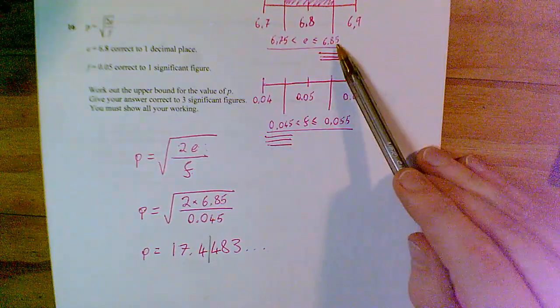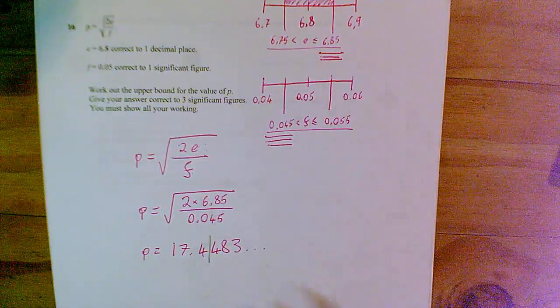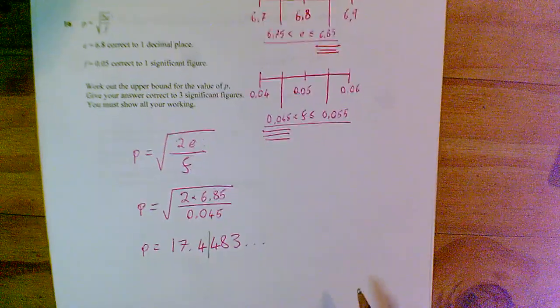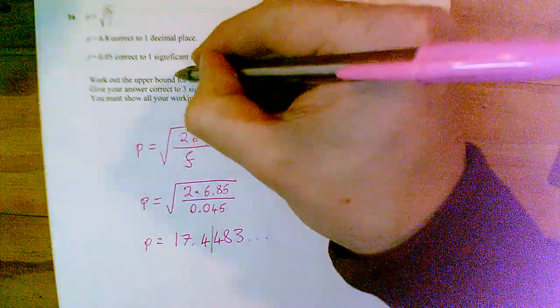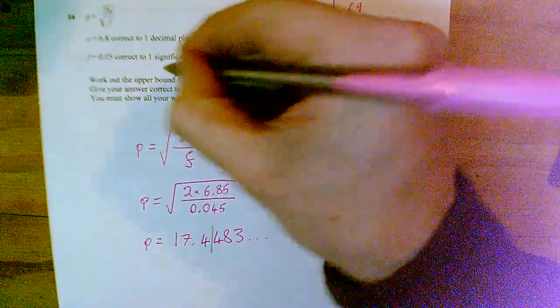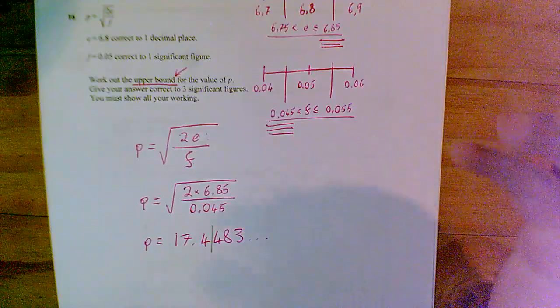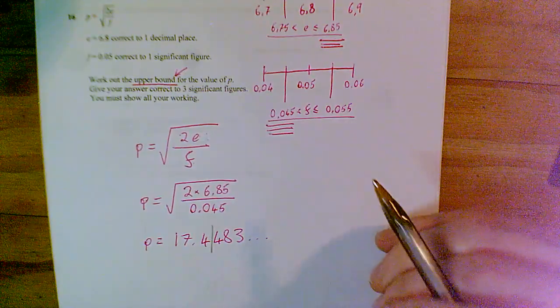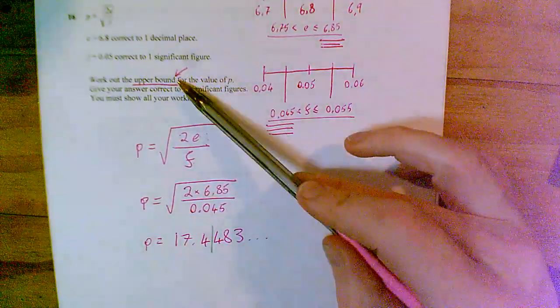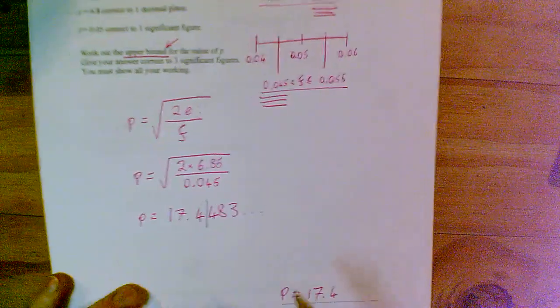F can equal that, but because it can't actually equal the highest amount, they were unhappy about that. But an upper bound doesn't mean it can actually be that value. It's the bound. It's a mathematical term for it cannot be higher than this. Okay? So that's the upper bound.